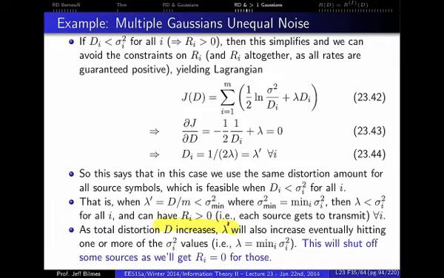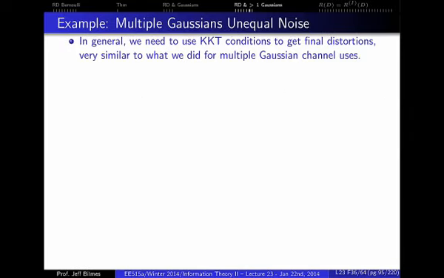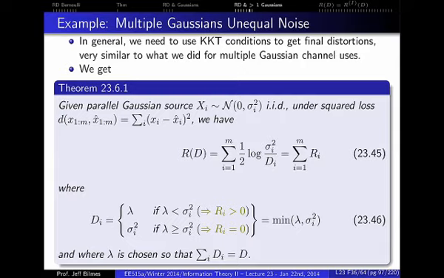And it shuts off some of the sources, meaning they communicate at a rate of 0. This is essentially the KKT conditions again that we use. And so what we end up getting is this solution.